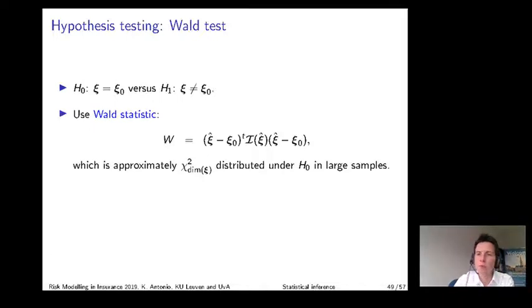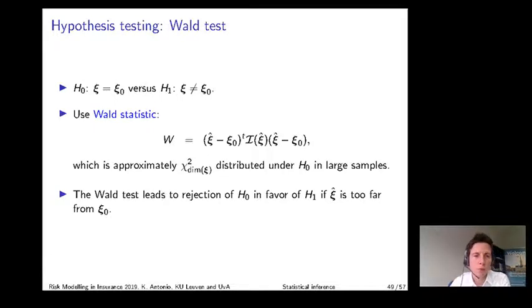The test statistic measures the distance between the maximum likelihood estimate xi hat and its hypothesis value xi0. The null hypothesis will be rejected if the observed value of this statistic is too large, that is, if the maximum likelihood estimator is too far from xi0.